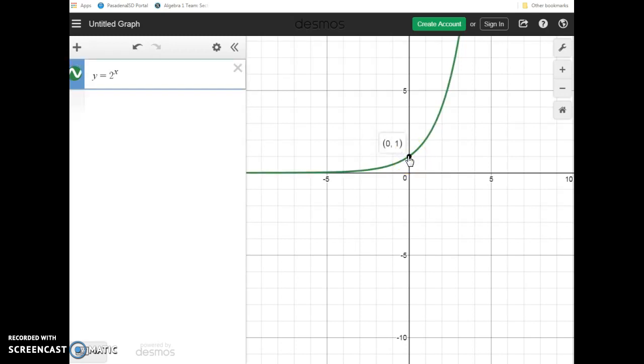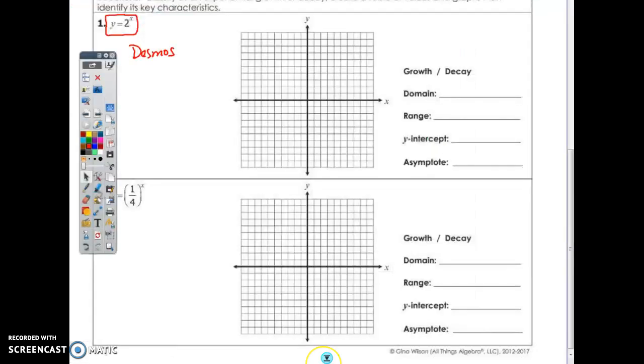The y-intercept. Okay, so I need you to draw the y-intercept, and I need you to write it on your paper for problem number 1. Draw it and write it. The y-intercept is at 0, 1. So right here and right here, 0, 1.